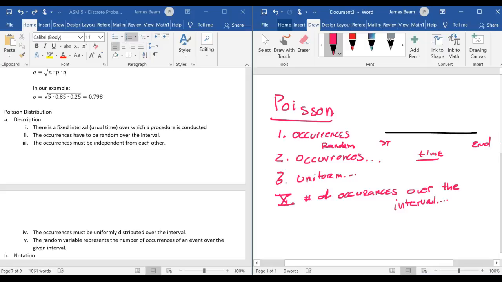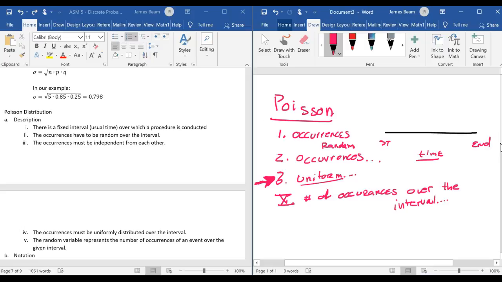Now, I'm going to give us an example here a little bit later on, and I'm actually going to violate number 3 with my example because it's really hard to come up with a Poisson example. My violation is that I'm going to talk about something that's not uniformly distributed, namely hurricanes, because they do tend to bunch up. But we'll get into why this model will still hold, because usually hurricanes happen within a season.